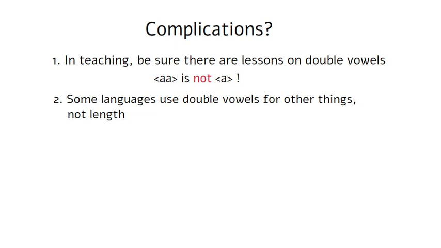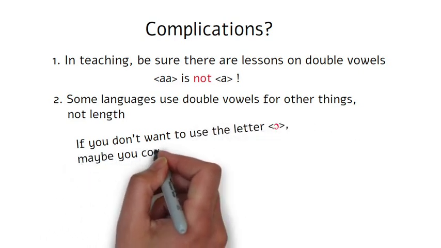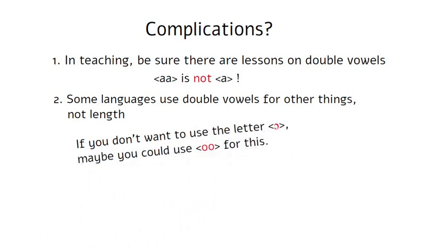If your language does not have long vowels, you might think about this. One example, you can use two vowels to represent a different particular vowel if you don't want to use a special symbol for it. For example, if you have a vowel aw and you don't want to use the special character aw, then you might use double O instead.